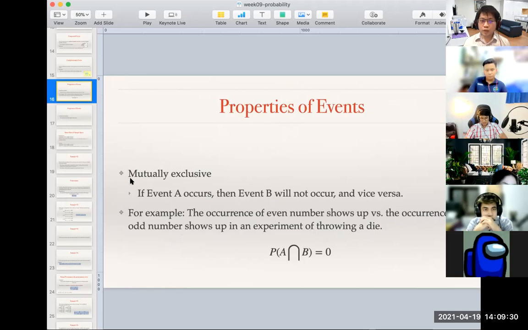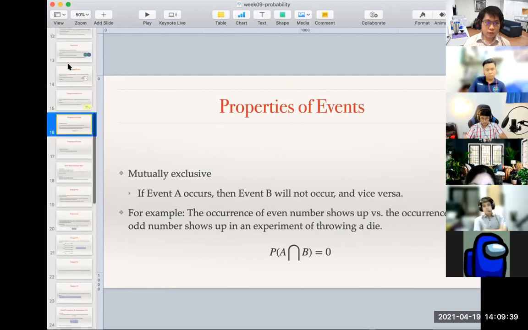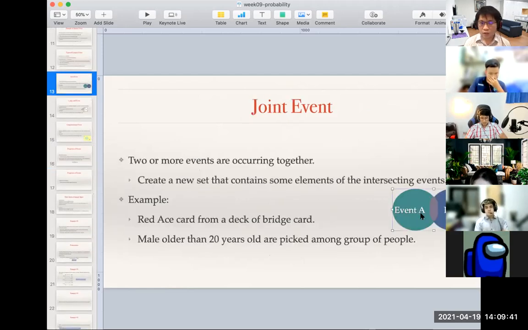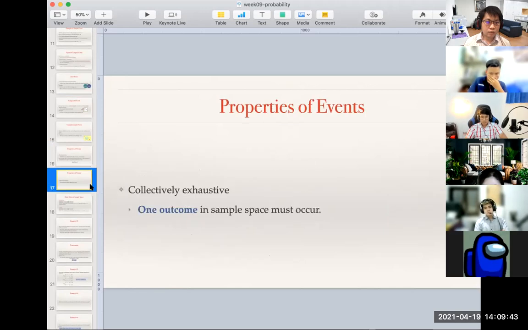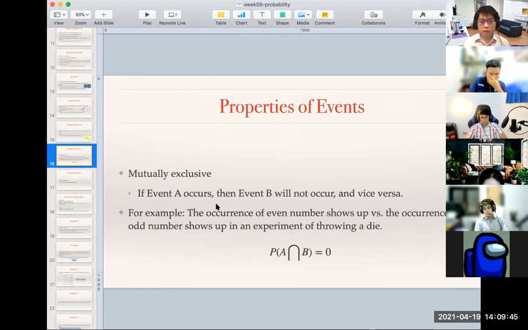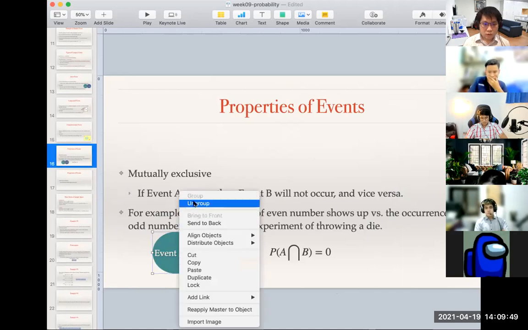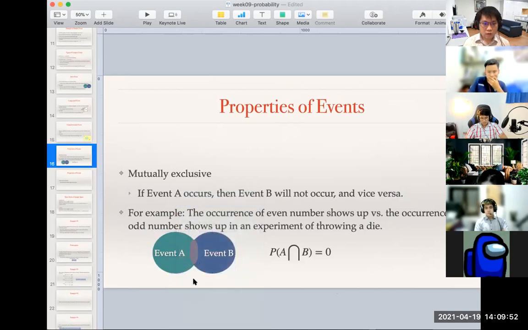Usually for these mutually exclusive events, they don't have any intersection at all. Okay, let me borrow this picture here. Let's say I have two events, and they are mutually exclusive.